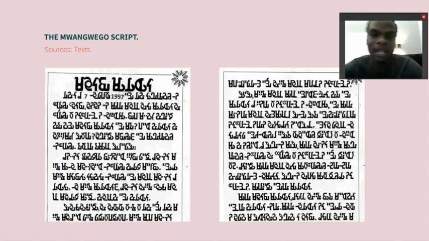And the other source as well was the book that was created by Mr. Mwangwego, the first and I think currently the only book on the Mwangwego script that was created using the Mwangwego script. And as you can see, it looks quite beautiful and handmade.